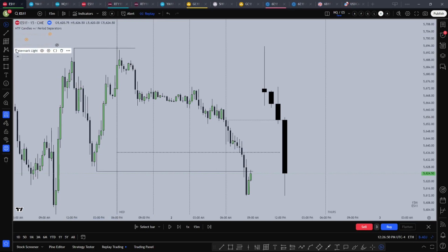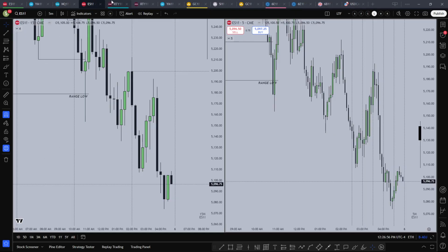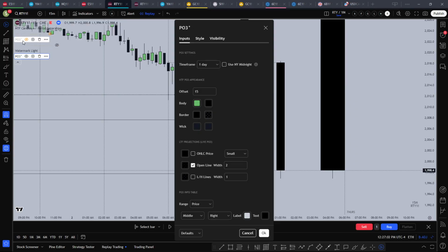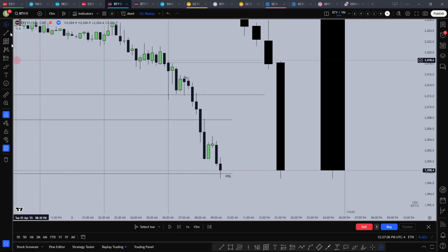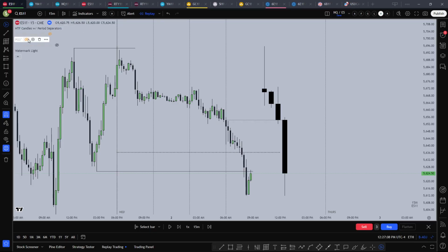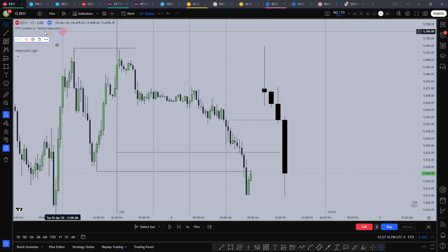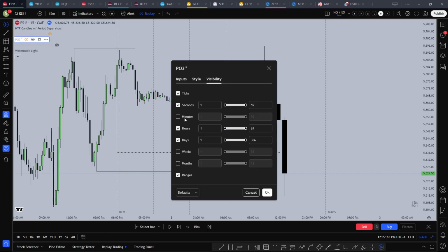Why am I not able to pull up? I would need to change some settings. Okay, I can make this work. Days, hours as well. And minutes as well.